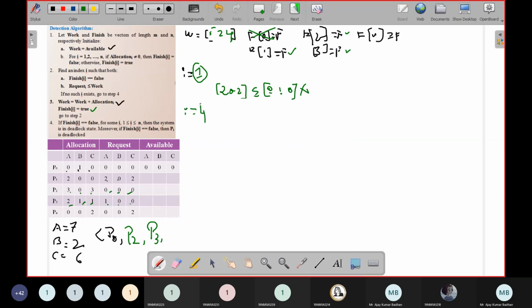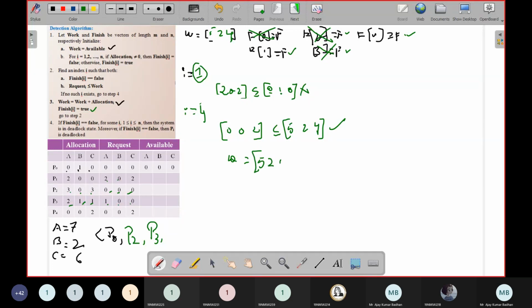And now the next one is 4. The next process we have is process number 4. Same process: finish of 3 is completed, 2 is completed. Now you're coming to process number 4. The condition is true, it is false, so we have to check the request. What is the request? 0, 0, 2. So 0, 0, 2 is less than or equal to 5, 2, 4. The condition is satisfied. So work equals work plus allocation.